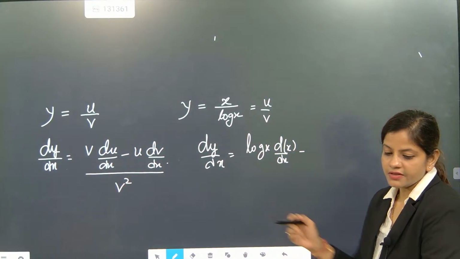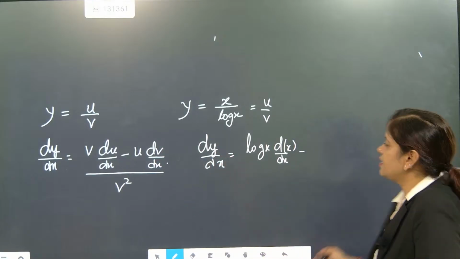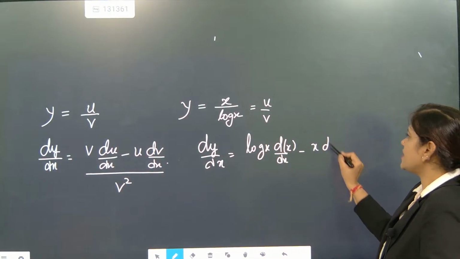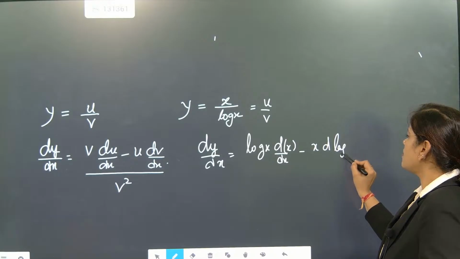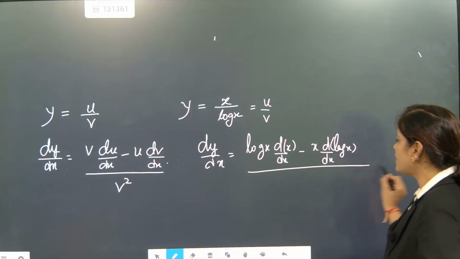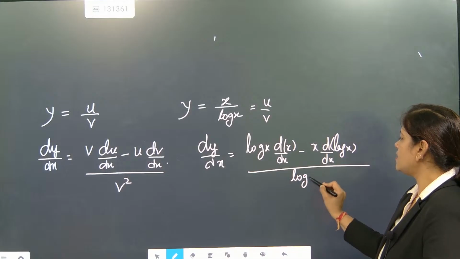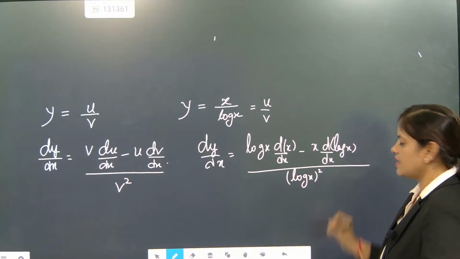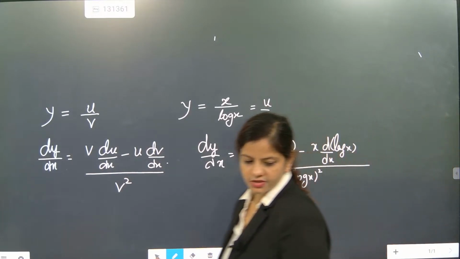Dx minus, this time you have to leave x. So leave x and this time differentiate log x. And then the denominator part will become log x whole square. Leave log x whole square as it is. Don't play with that.